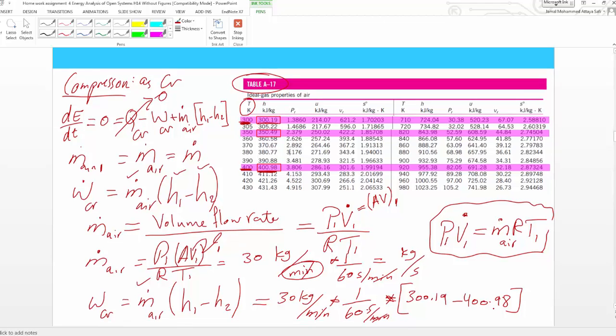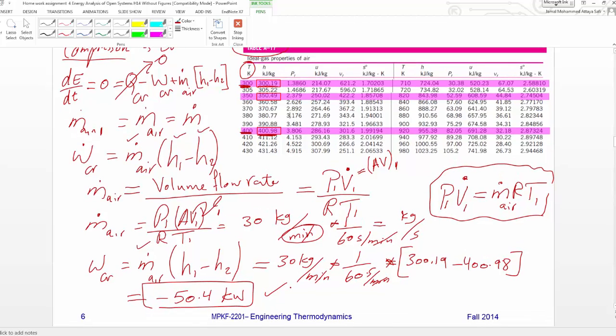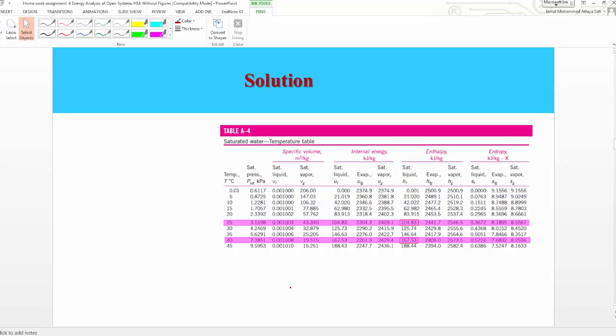If you do this calculation, you will get that the work for the compressor is actually minus 50.4 kilowatts. That is the first thing he asked us to do: calculate the power needed for the compressor.